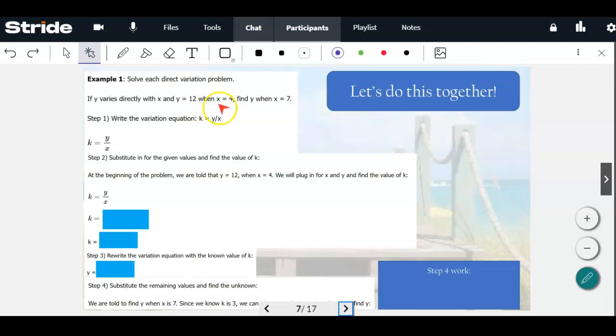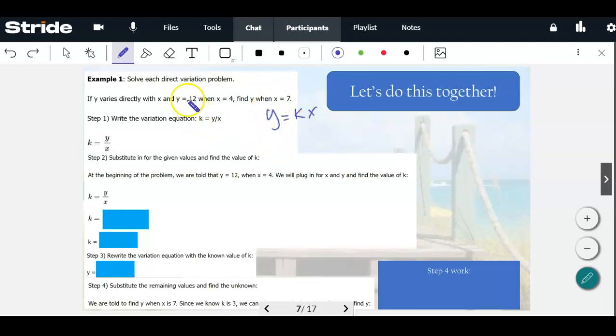It says solve each direct variation problem. If y varies directly with x and y equals 12 when x equals 4, find y when x equals 7. Like in the video, we know that y is equal to kx.